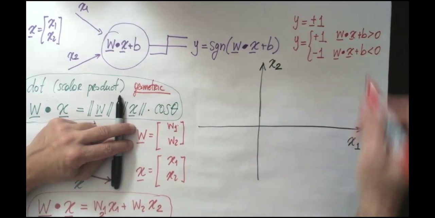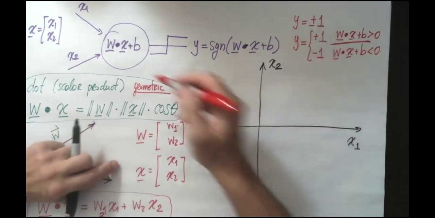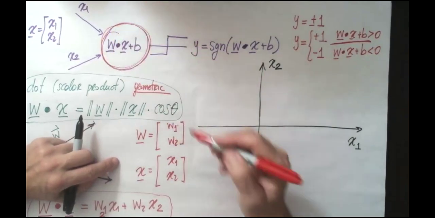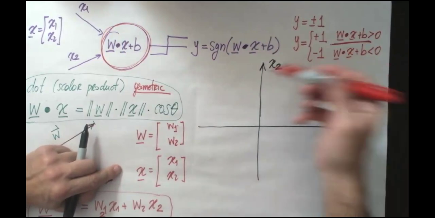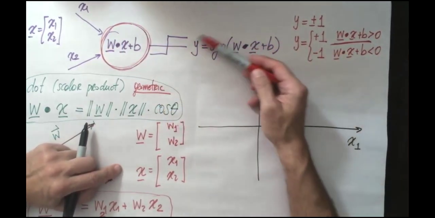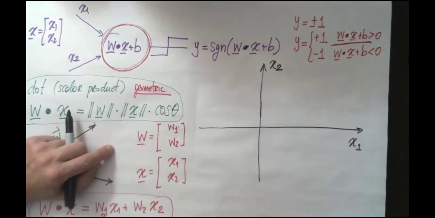So you can see that this quantity is very important. Whatever is computed inside the soma of the neuron, the sign of this quantity here will determine the output. And also remember that x1 and x2 are binary quantities.